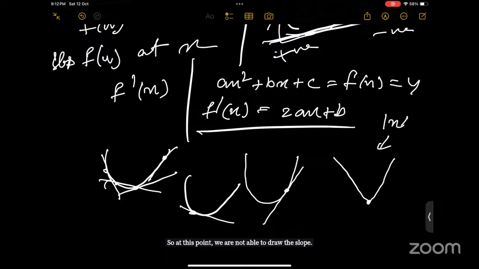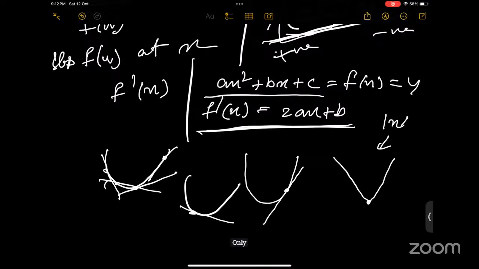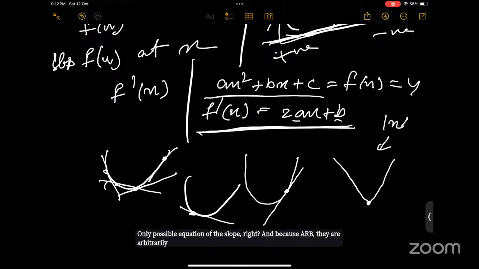Slope exists means there is a unique slope, right? Here we have the equation, and 2ax plus b is the only possible equation of the slope. Because a and b are arbitrarily fixed constants, the slope is a unique line. But if you have some graph like that, at that point the slope can be something like that, and it also can be something like that.